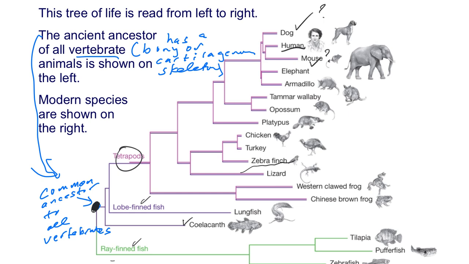Well, all you do is go back to the common ancestor. And a mouse is more related to us because we share a common ancestor more recently than we do with the dog. With the dog, there's our common ancestor right there. So we share a common ancestor more recently with the mouse. So you should be able to do that.